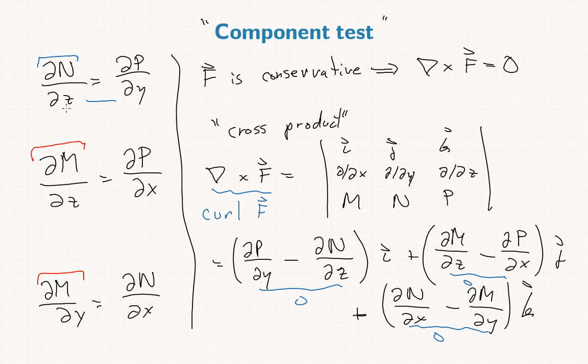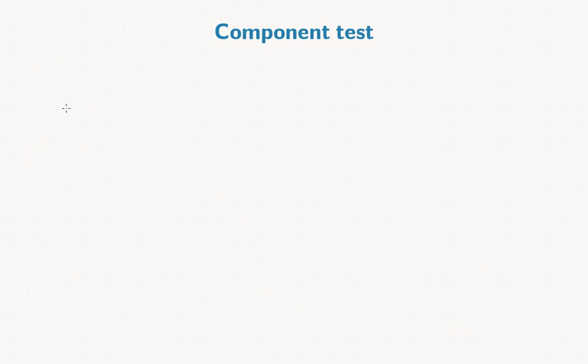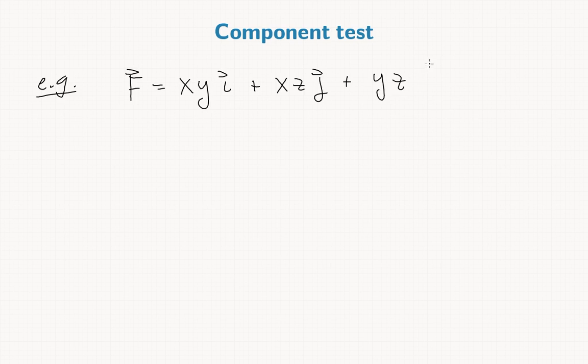So for example, if we take f equals xy i plus xz j plus yz k, we take del by del y of xy, which is equal to x.